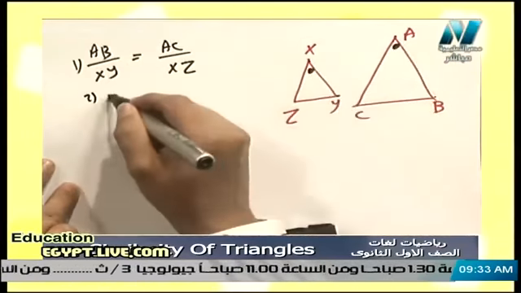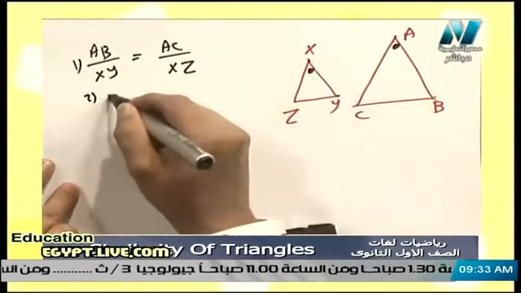Say that XY here equals 5 centimeters and AB equals 10, XZ here equals 4 centimeters and AC equals 8 centimeters. So we can say AB over XY equals 10 over 5, and AC over XZ will be 8 over 4.